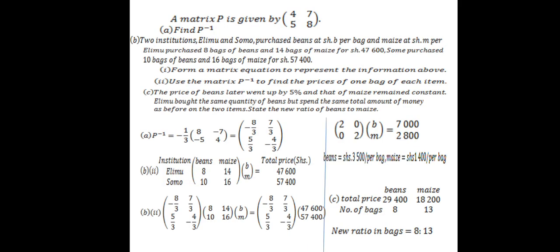A matrix P is given by 4, 7, 5, 8. Find the inverse of P. You can clearly see how it is found.